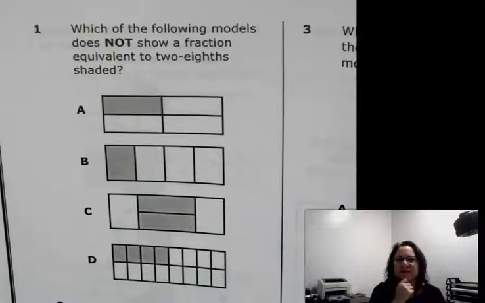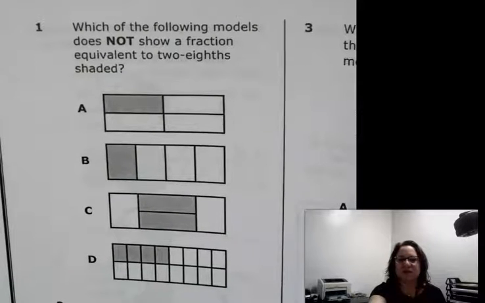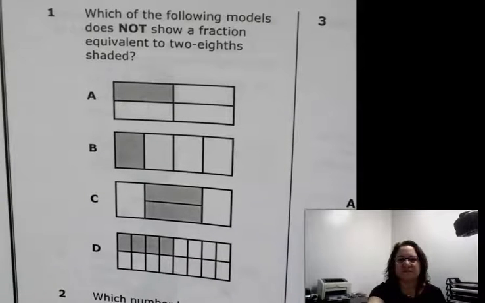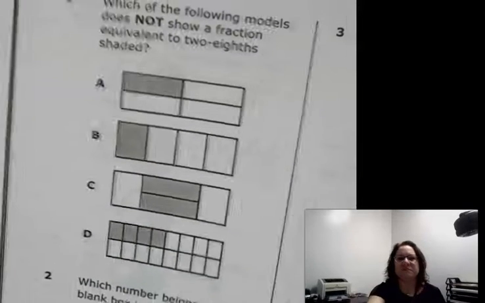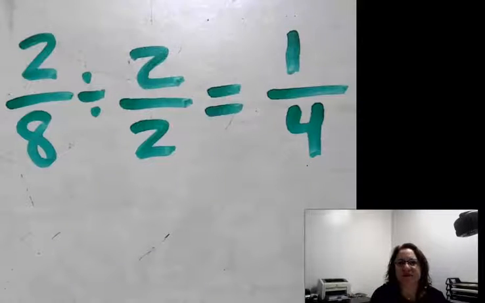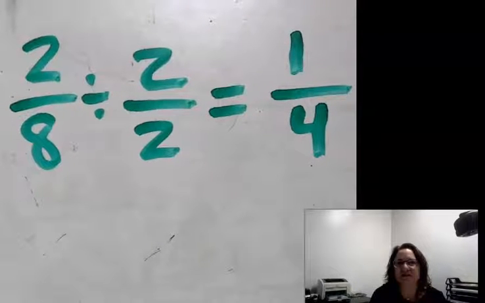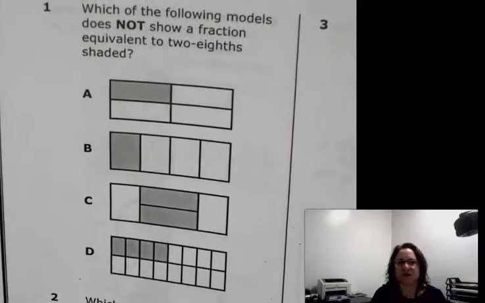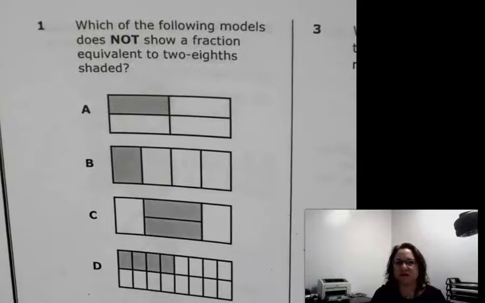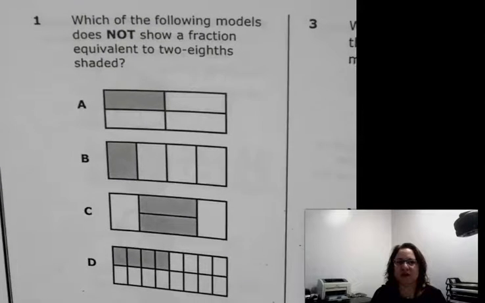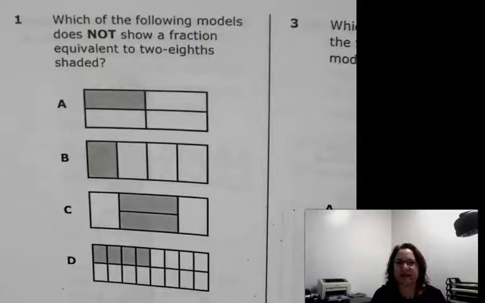Right, 2/8 is equivalent to 1/4. If you don't have that memorized, you can use division to figure out that they're equivalent to each other. Okay, so which one is not equivalent to 1/4 shaded?